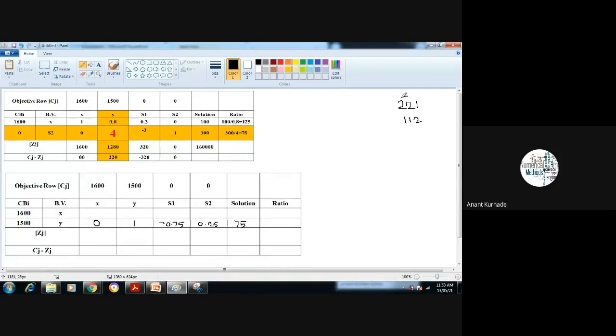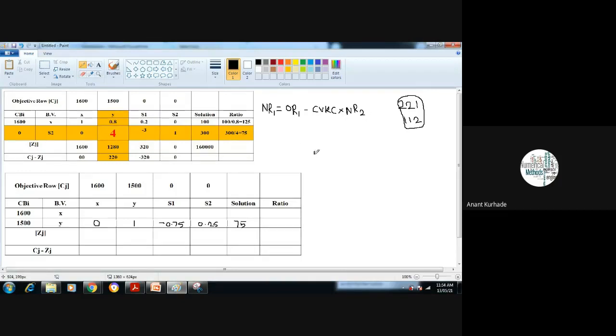So the new value of R1, NR1, is equal to old value of R1 minus corresponding value of key column into the new value of R2, like this, 1 1 2.